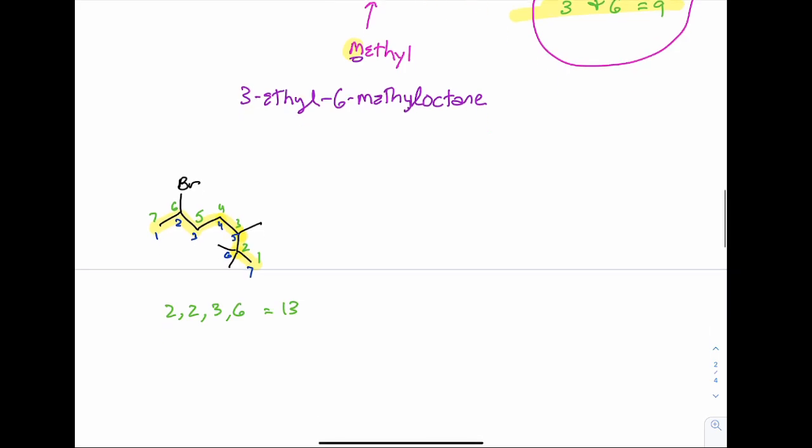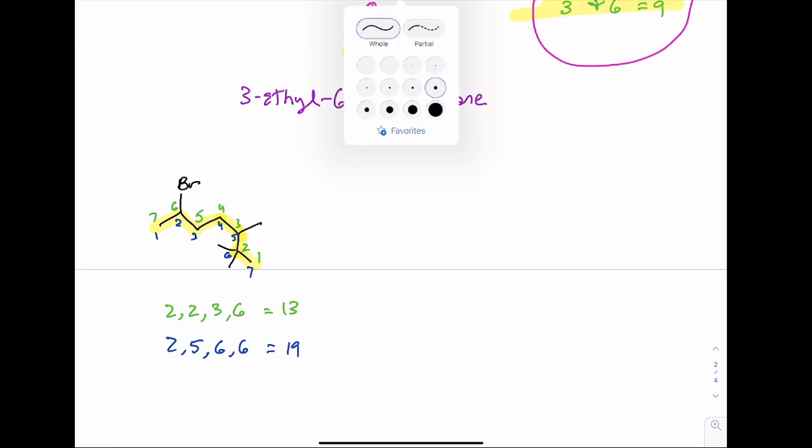This time I have a branch on carbon 2, a branch on carbon 5, and then I have 2 branches on carbon 6. So that adds up to what? 12 and 5 is 17, 19. So because that one that has 2 branches on counts twice, right? Because it has 2 substituents, so I need to include those. I need the green numbering this time.